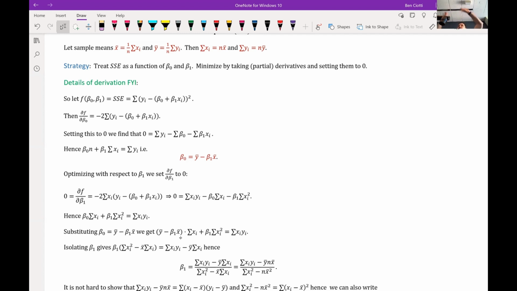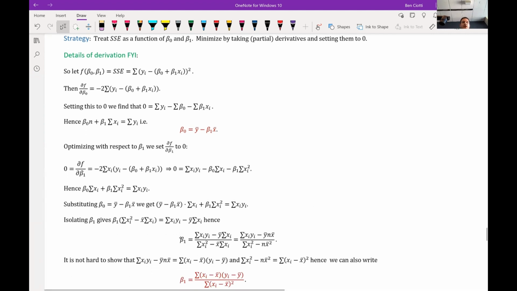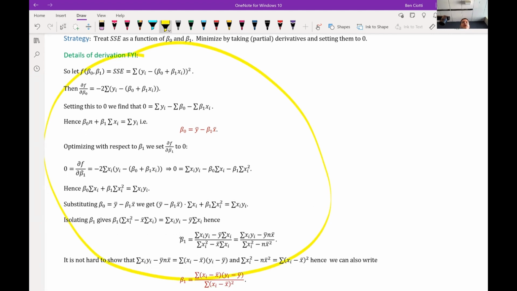You end up with a matrix system of equations, and there's a really cool linear algebra proof of the derivation of the solution. I've included the details of that proof in the notes, but we're not going to go over them. You're free to read it if you're interested. I'm just going to tell you the conclusion.